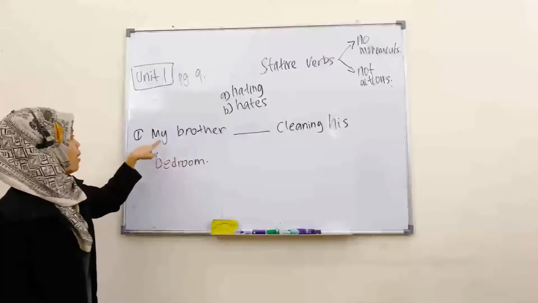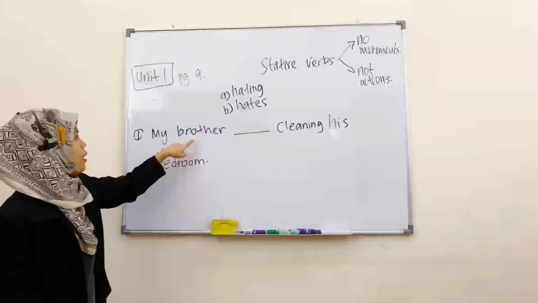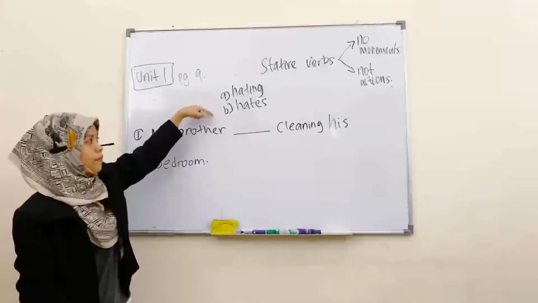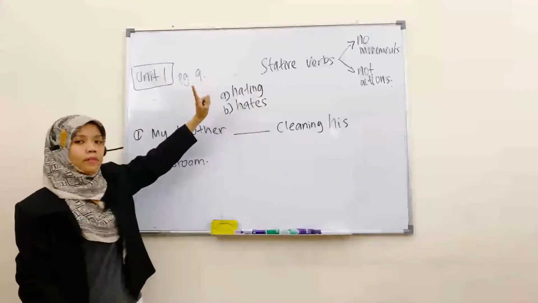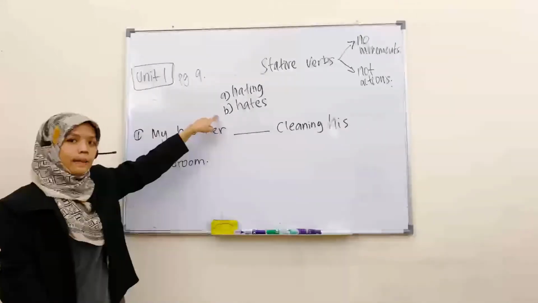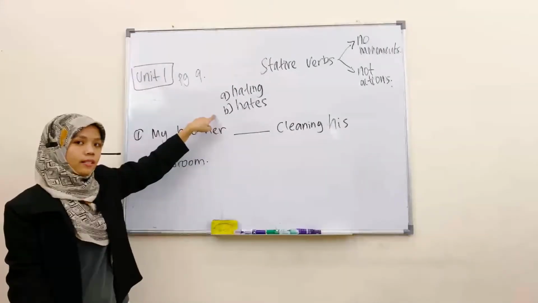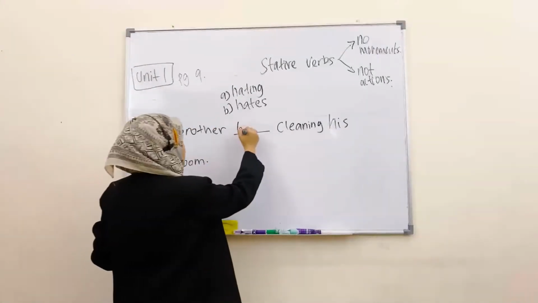Or should I put my brother? A, B. I'm talking about stative verbs. Because stative verbs cannot be in present continuous. Okay? So the answer should be this one.